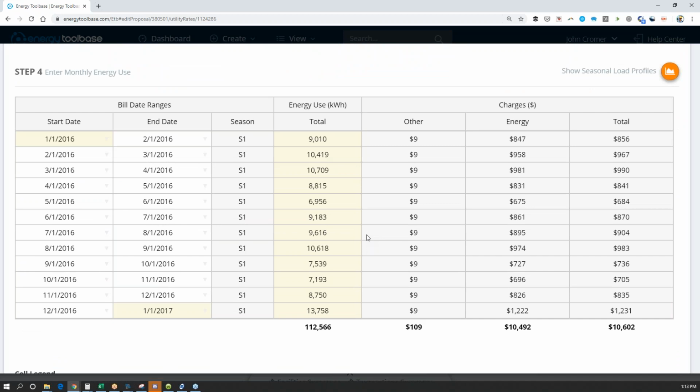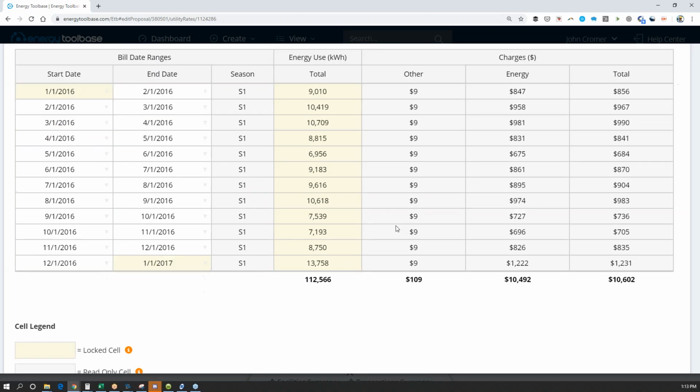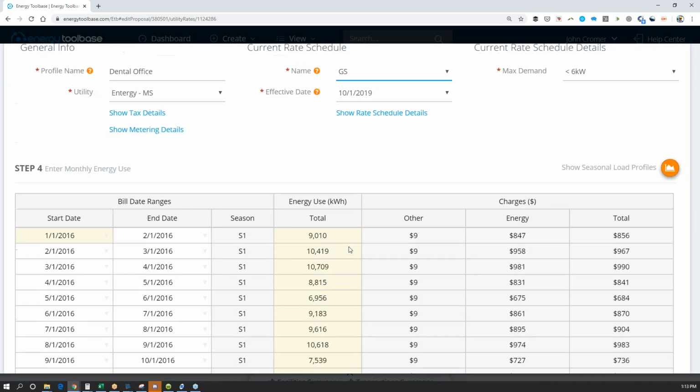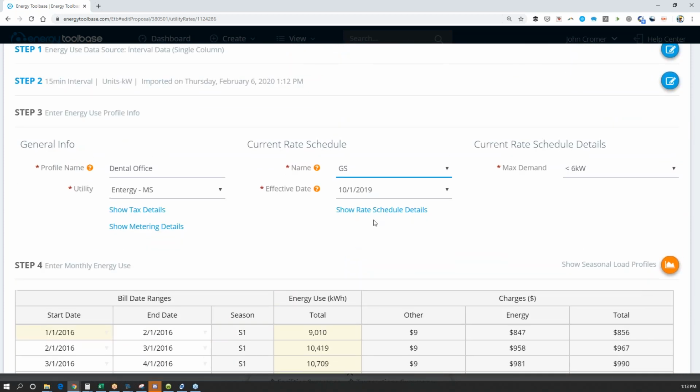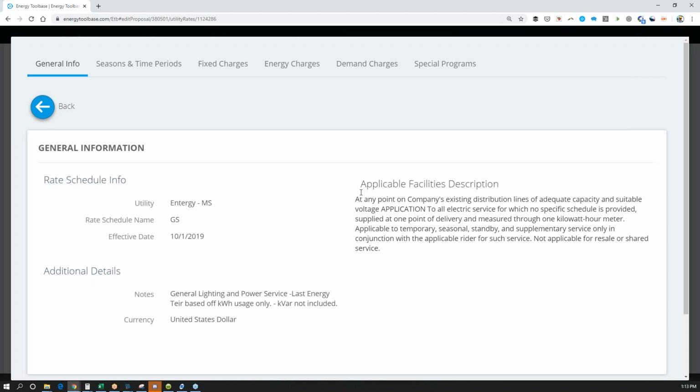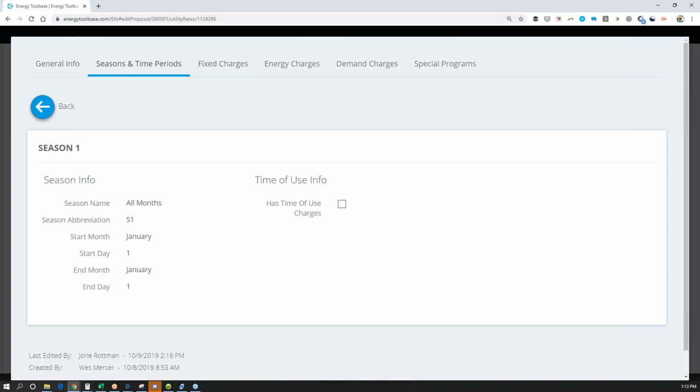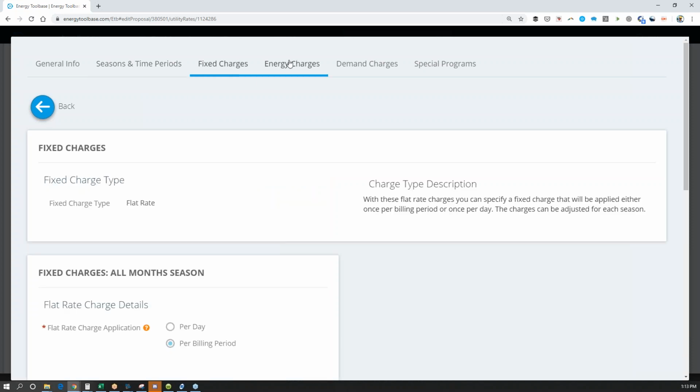And what we can see is this general service electric rate is just for an energy bill. We can go and look at the rate structure details and ask, is it a time of use rate? Are there fixed charges?